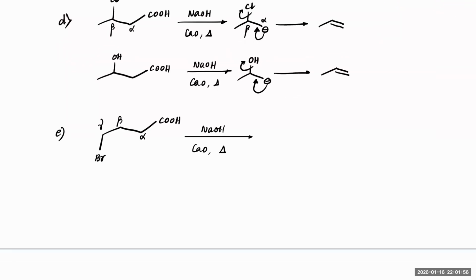And if you have it internally like this, you have Br here and then minus charge is forming here. Again, internally it can attack and remove Br, and you'll end up getting cyclopropane. This is the major product. Got it?